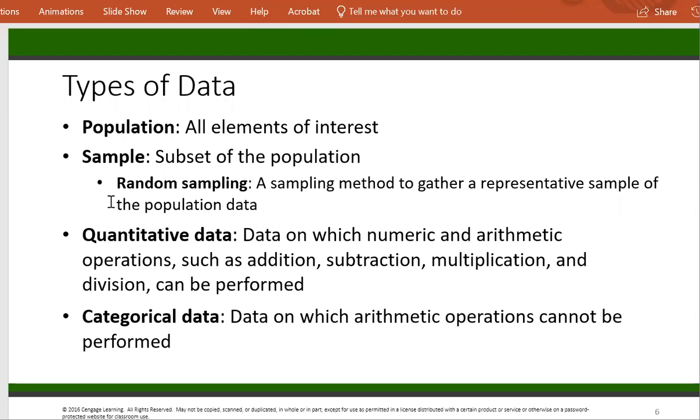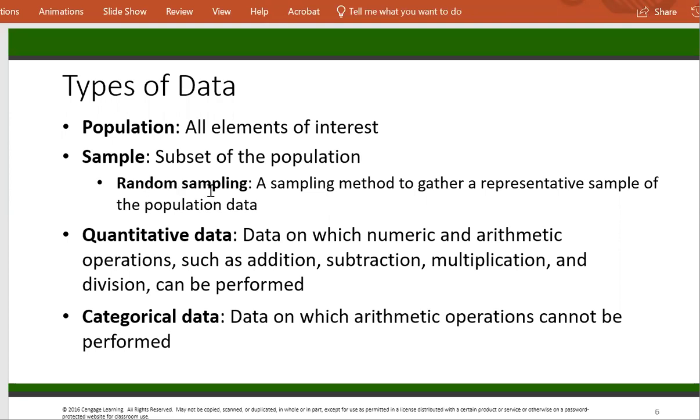We have the concept of random sampling. We're going to talk about this in the first module of the course when we're dealing with statistical inference. We are going to study random sampling and see how to extract a random sample from a population.